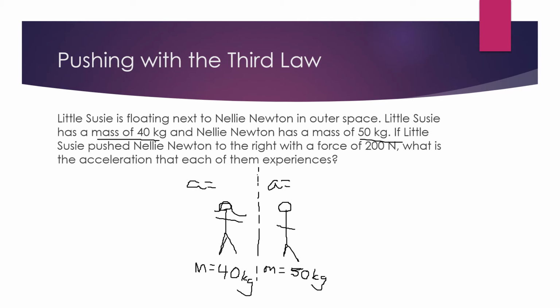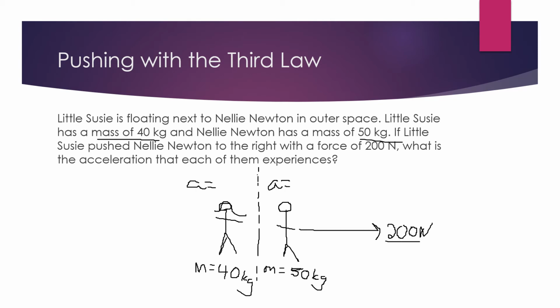If little Susie pushes Nellie Newton to the right with a force of 200 newtons, what is the acceleration that each of them experiences? Well, it's going to be really easy to get his acceleration.